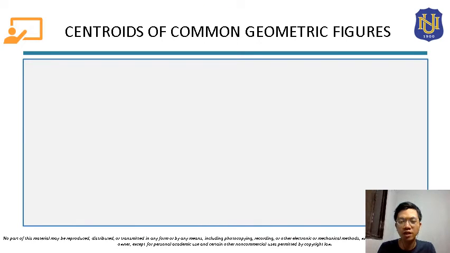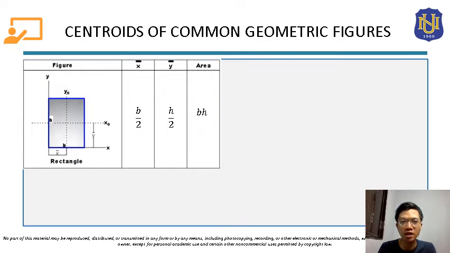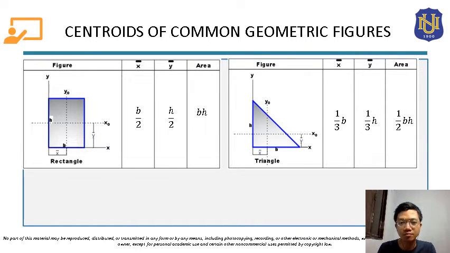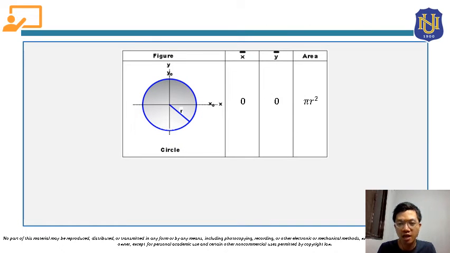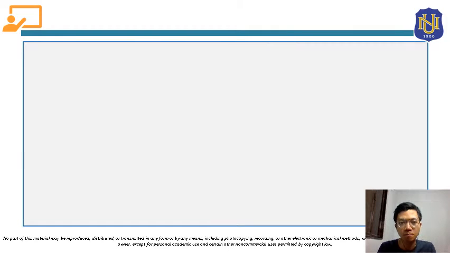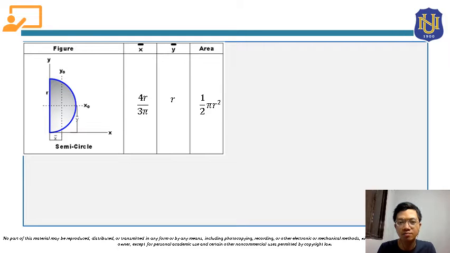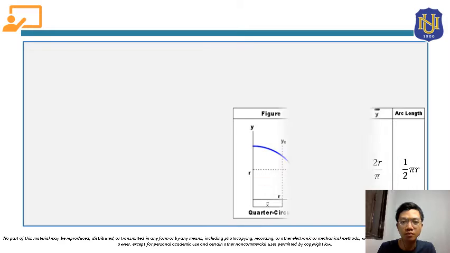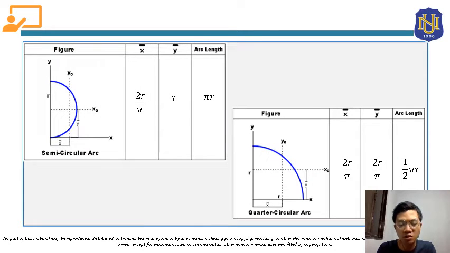Again, we will recall the centroids of some common geometric figures that we discussed in our previous recorded discussion. Here are the centroids of some common geometric figures such as rectangle, triangle, circle, semicircle, quarter circle, semicircular arc, and quarter circular arc.